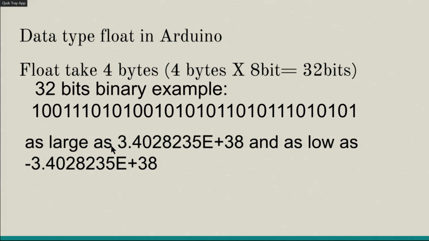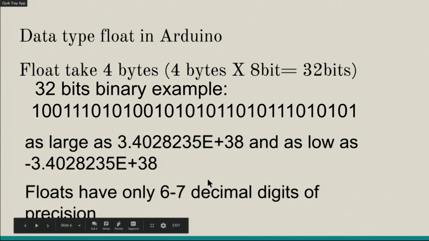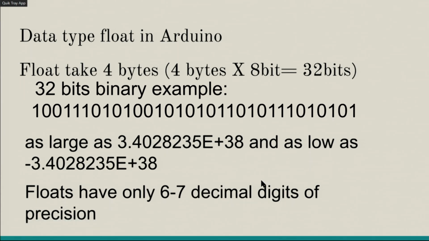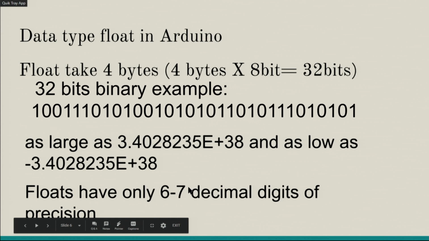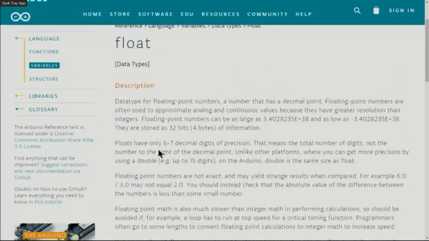You can put negative and positive values in the float. According to the Arduino website, the precision can be only 6 to 7 decimal places. If you want up to 15 decimal places of precision, then we have to change the float to double. For further information, please visit the arduino.cc reference page and read about the data type float.